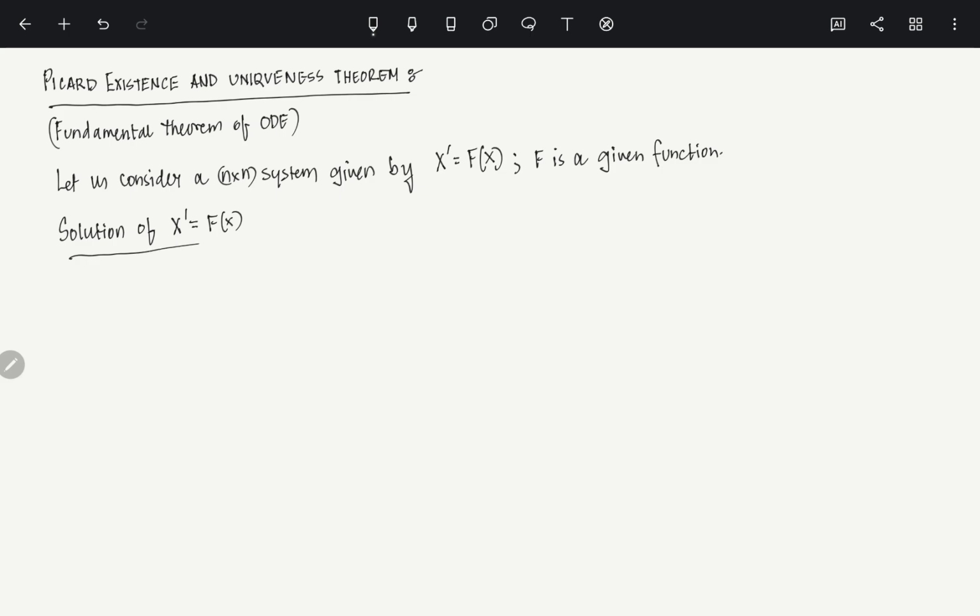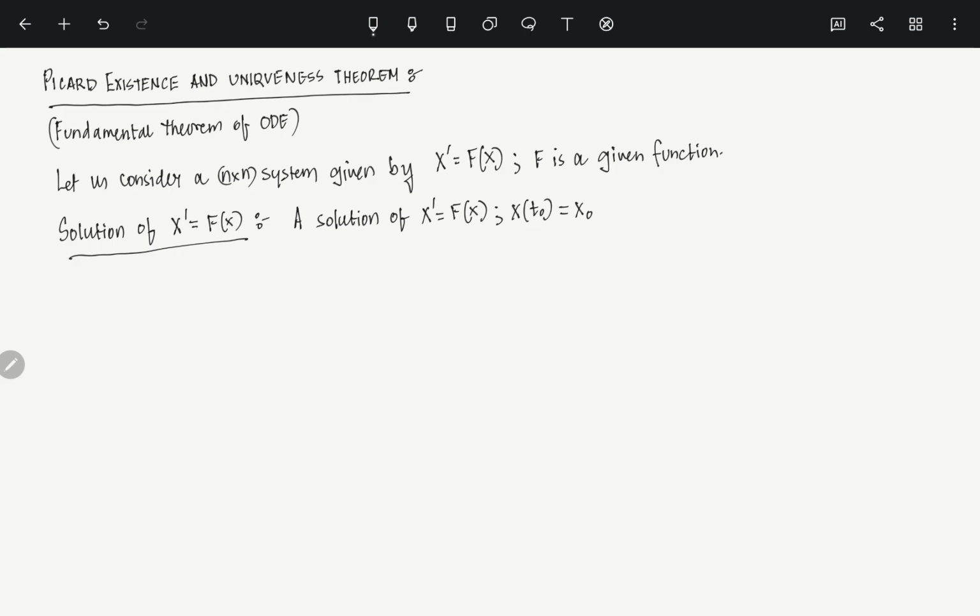What do we mean by a solution of this system, with the initial condition that x at the point t naught is x naught? This is the whole system.